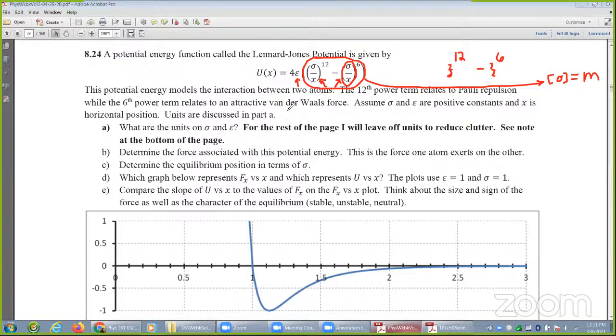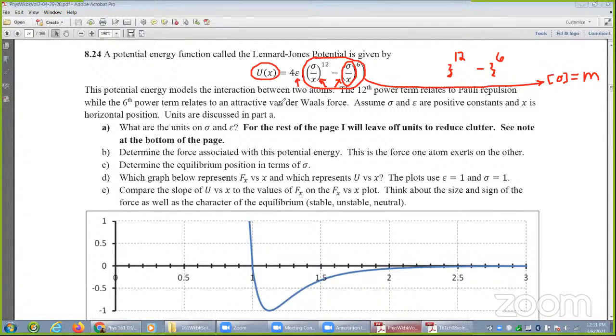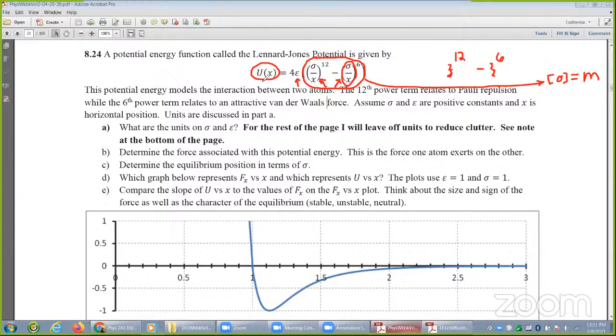Just whatever the units of epsilon are. Okay. Well, what are the units on this side? U is a unit of force, velocity, position. What is it? Is it velocity? Nope. It's joules.